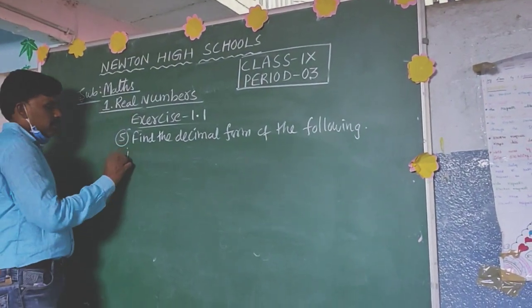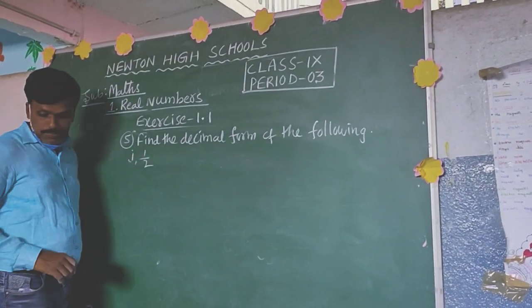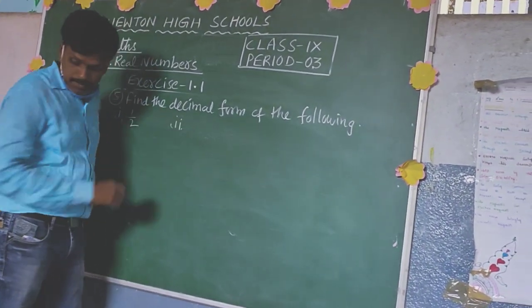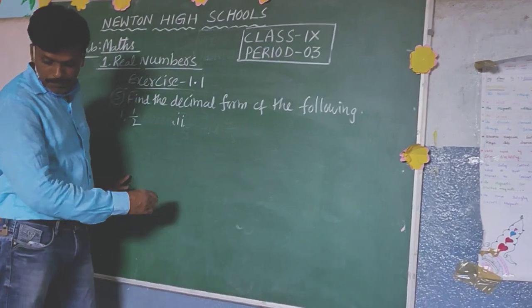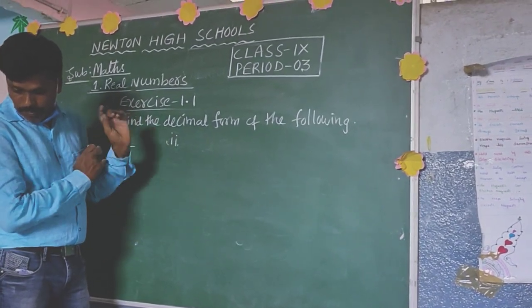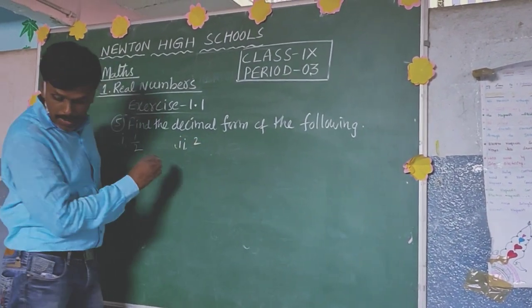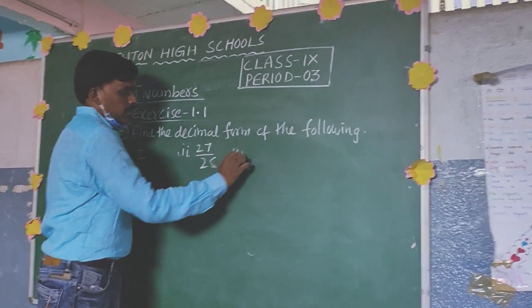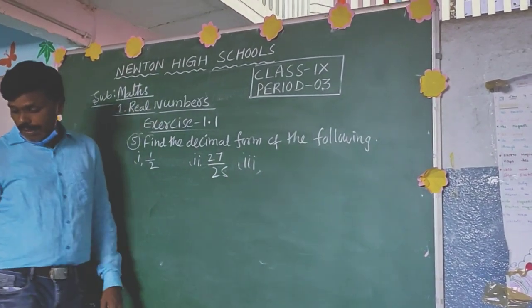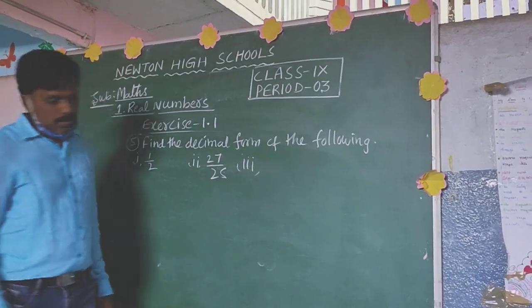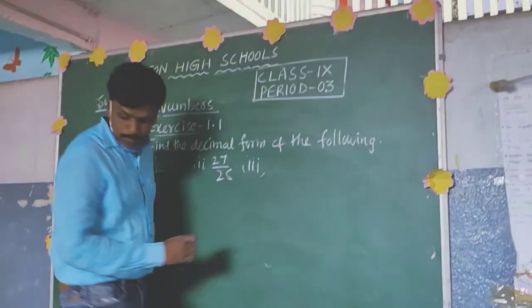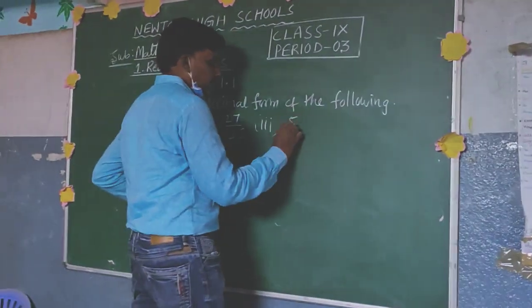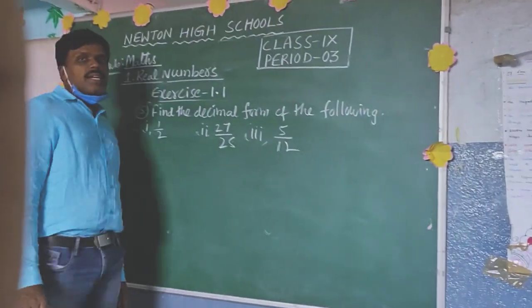First one is 1 by 2. Second one is 27 by 25. And third one is 5 by 12. So these are the rational numbers.